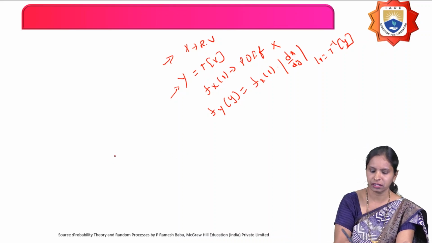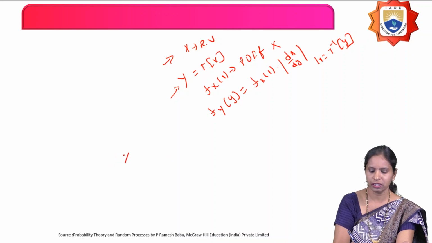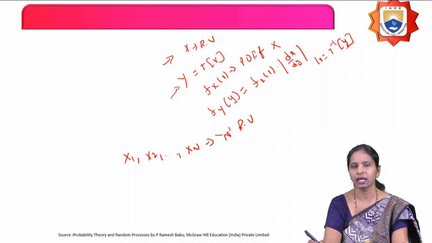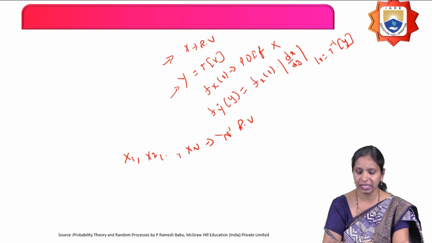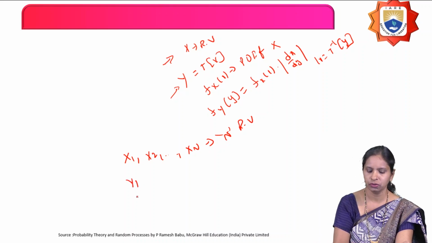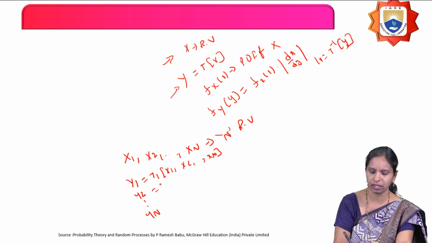And now we are considering transformation of multiple random variables. It means you have to consider multiple random variables. Let us say we are considering n number of random variables. These n random variables are transformed into n new random variables by performing operations on x1, x2 and so on xn.